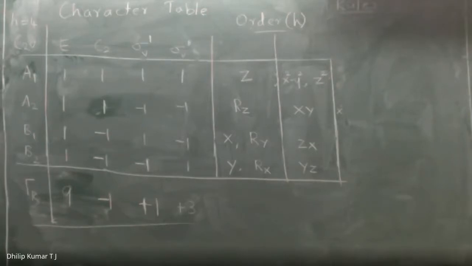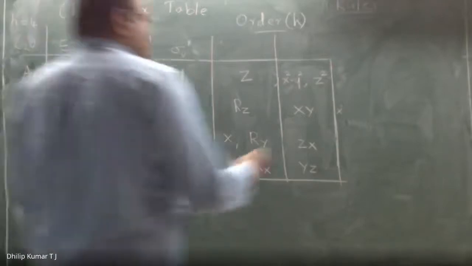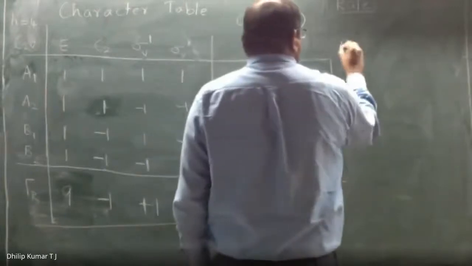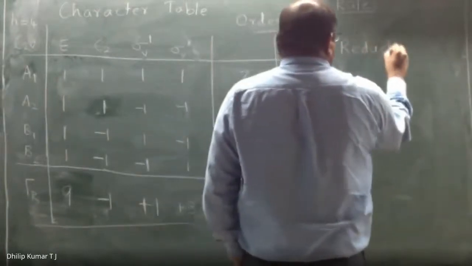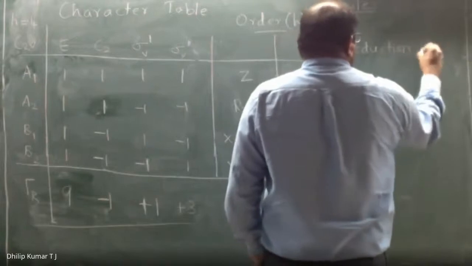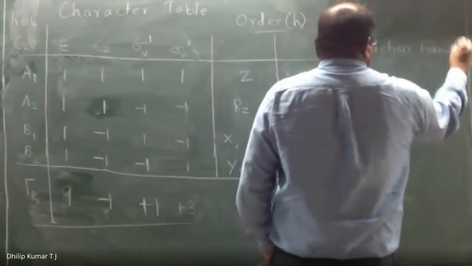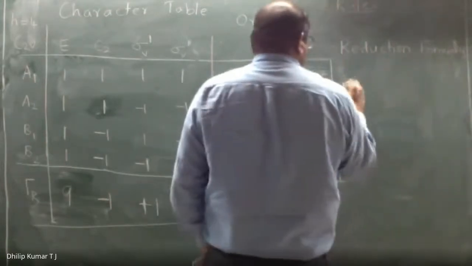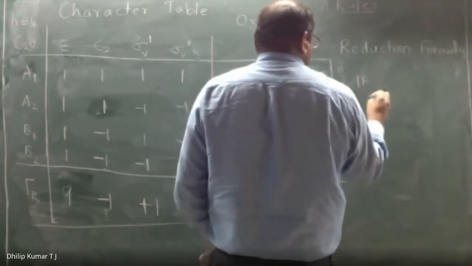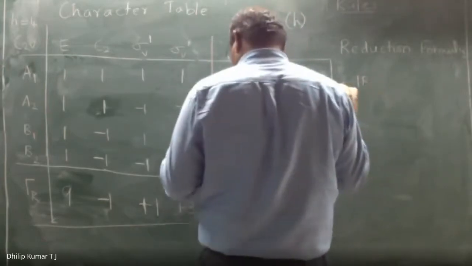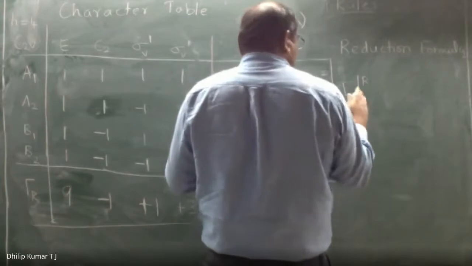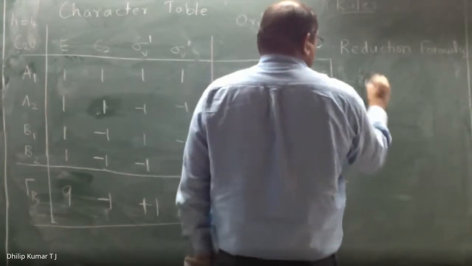After that, we have to use what is called a reduction formula to get the vibrational modes. Let me complete, then you can appreciate it better. So this is reducing 3n into IRs.